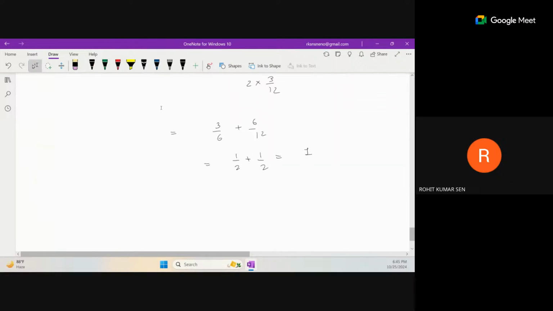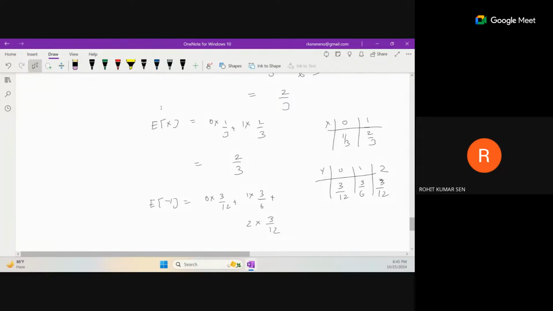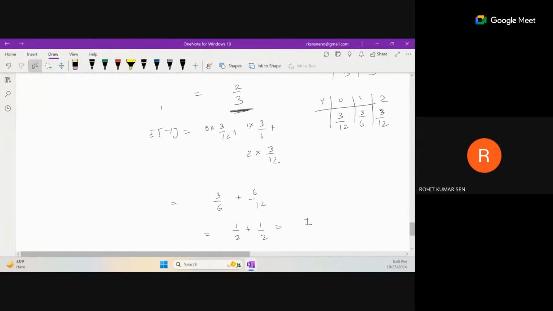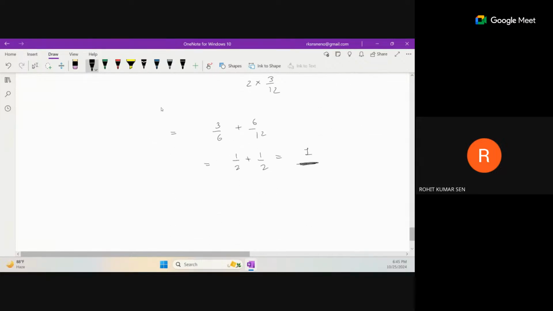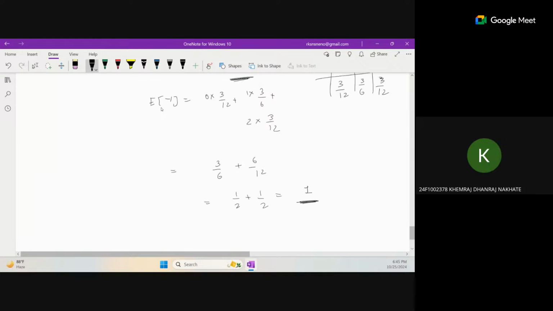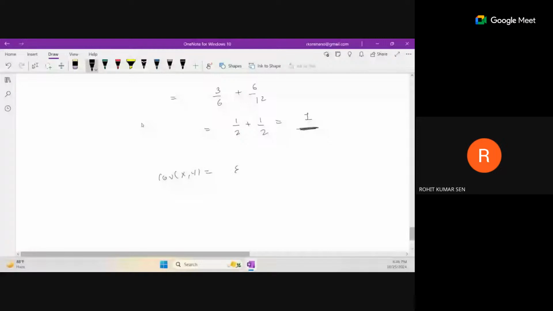So my expected value of x is 2 by 3, my expected value of y is 1, and my expected value of xy is 2 by 3. The formula for the covariance of x comma y is the expected value of xy minus the expected value of x into the expected value of y.